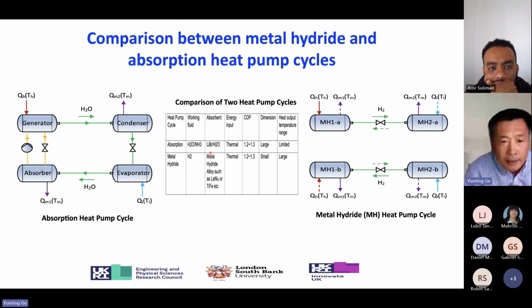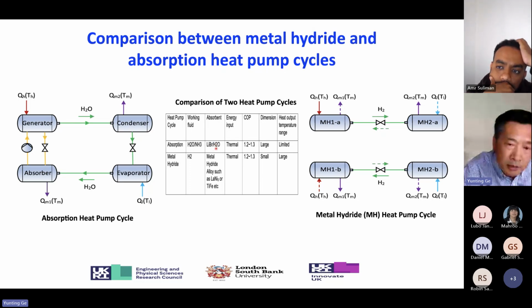And the absorption heat pump has an absorbent, depending on which type is used, either lithium bromide or water. And the metal hydrate heat pump uses metal hydrate alloys such as LaNi5 or titanium and iron as absorbent.